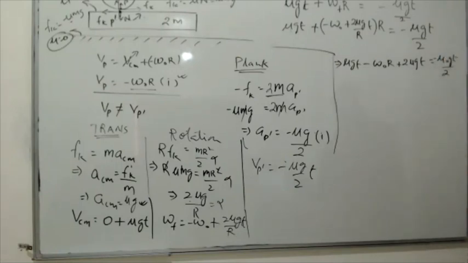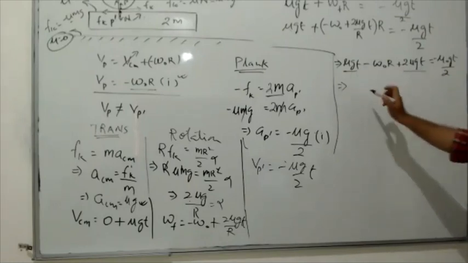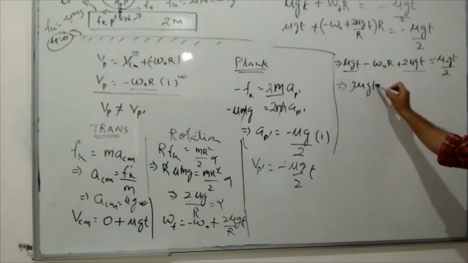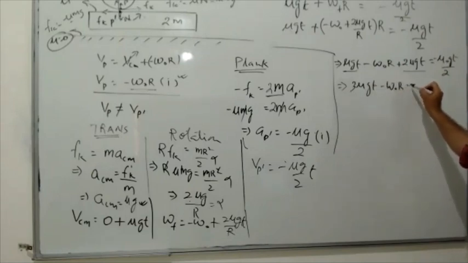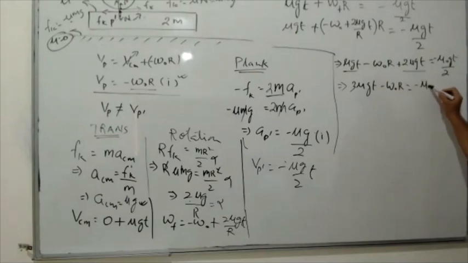Is it clear? If I calculate from here, 2 mu g t plus mu g t, the value will become 3 mu g t. So 3 mu g t minus omega naught into r will be equal to minus mu g t divided by 2.